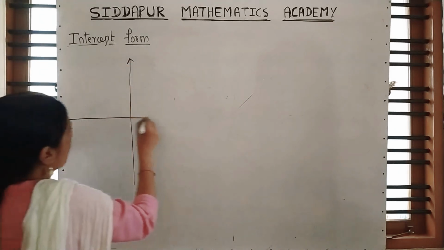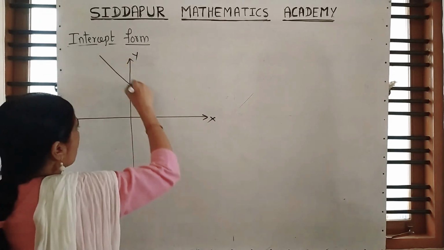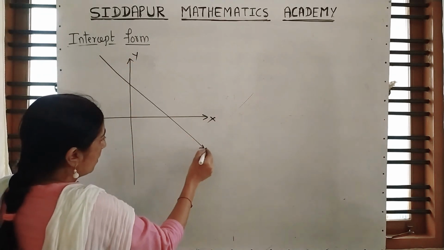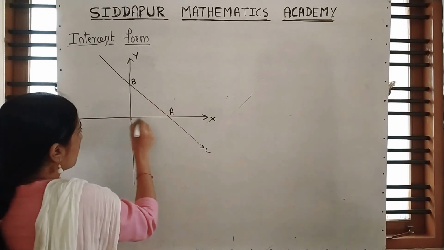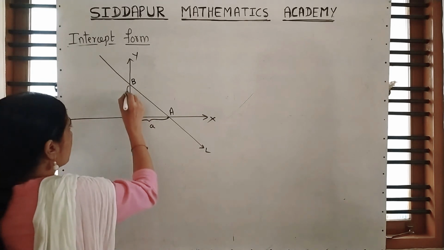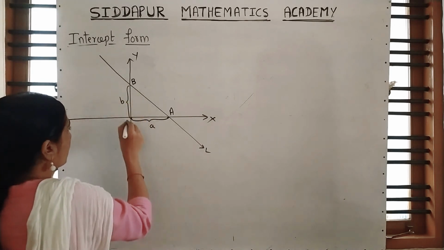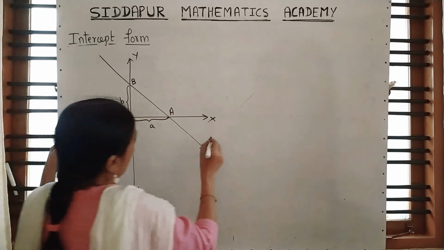First draw the figure on the side. This is the x-axis, this is the y-axis. This is the line L. It cuts the x-axis at A and the y-axis at B. This distance I am taking as a, and this distance I am taking as b. This is the origin. This is x dash, this is y dash.